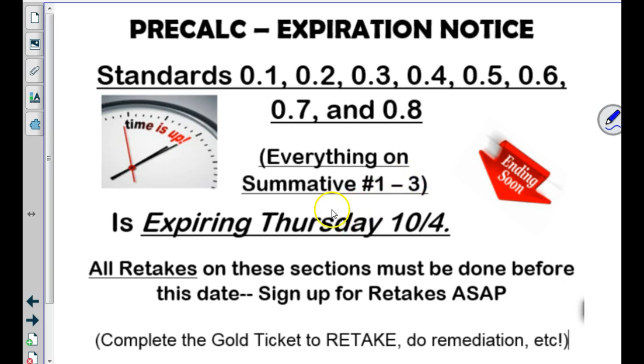And it says as part of the name S1, S2, S3, that's for summative 1, 2, 3. So all of these standards, okay? And some of you do need to go back and do some of these desperately. So we don't have school next Friday, so they're expiring Thursday. If you absolutely can't make it in, talk to me. You need to at least get arrangements made by then.